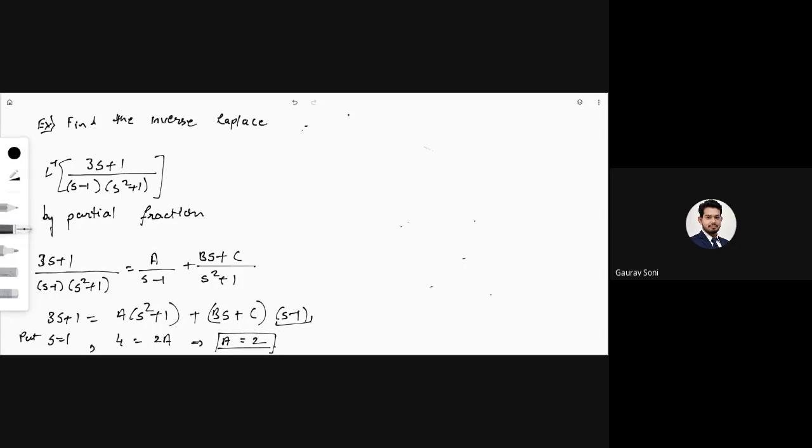So 3s plus 1 is equal to 2 times s square plus 1 plus, in bracket, b into s square plus cs minus bs minus c. So b plus 2 into s square plus c minus b into s, and the last one 2 minus c is equal to 3s plus 1.